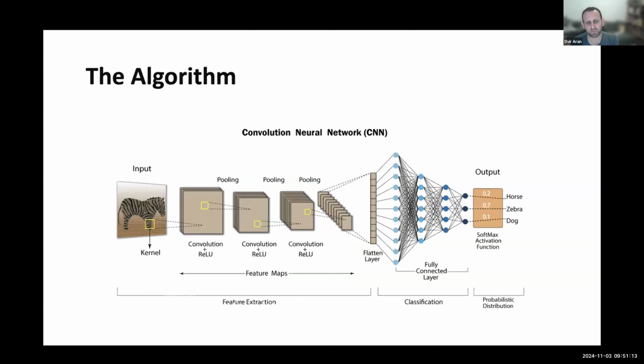So the algorithm that they used there was the convolutional neural network, CNN, which they didn't invent. This is Yann LeCun's invention, an algorithm based on neural networks to label images.